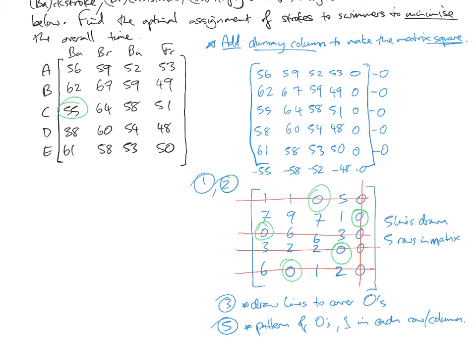C for the backstroke, E for breaststroke, A for butterfly, D for freestyle, and here B was in the dummy column. It gets nothing.